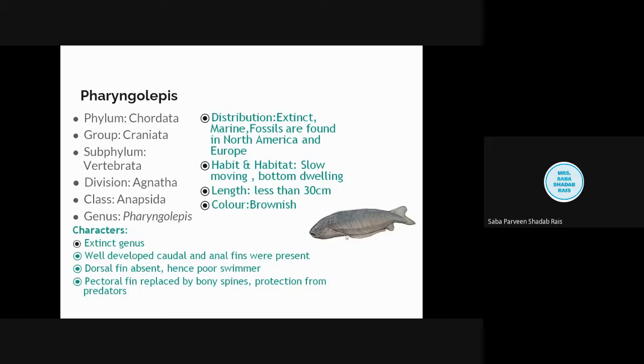Now when we talk about their pectoral fin, there is no pectoral fin as such, but instead they showed some bony spines. So maybe their pectoral fin was replaced with a bony spine, and they might have used it as armor, protecting themselves from predators.